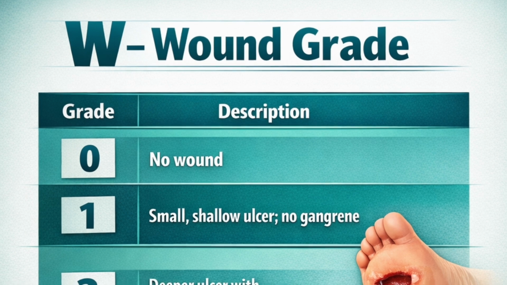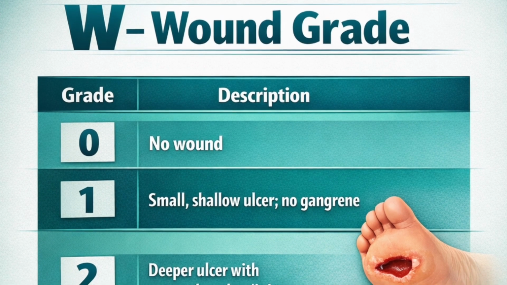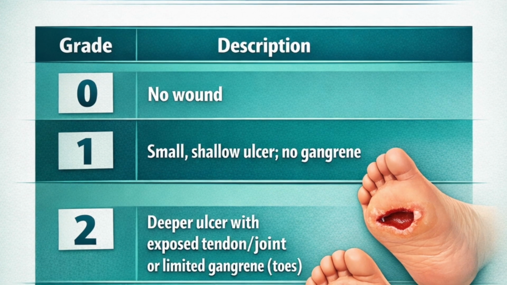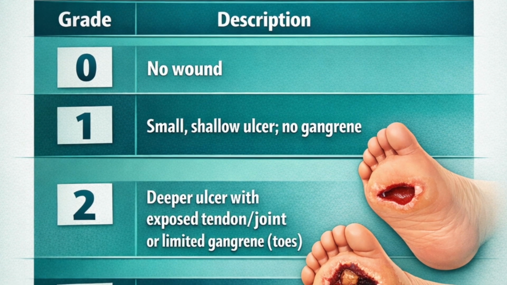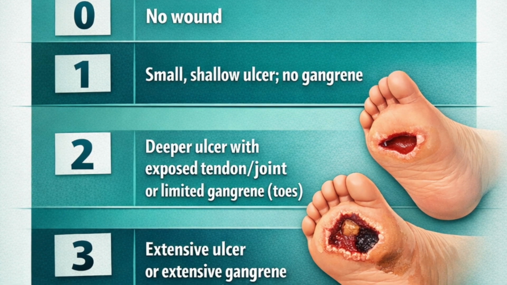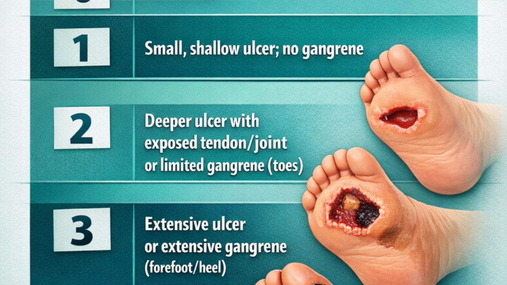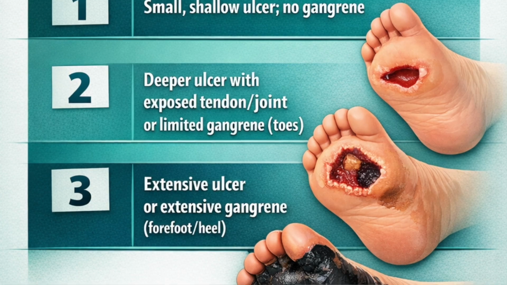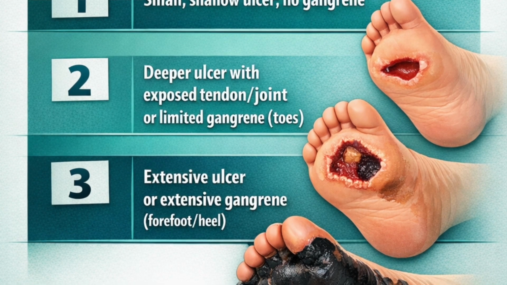Starting with the wound grade. The wound grade is divided into grade 0, 1, 2 and 3, where 0 is no wound, grade 1 is small shallow ulcer, no gangrene, grade 2 deeper ulcer with exposed tendon or joint or limited gangrene, and grade 3 extensive ulcer or extensive gangrene, that is forefoot or heel.